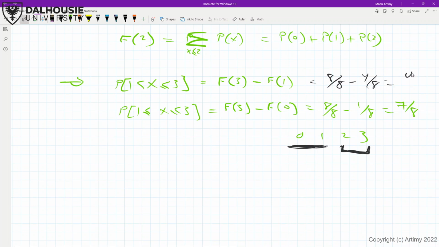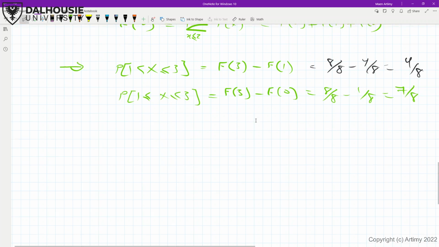So I get 4 over 8. Okay. So you're just putting all the values and trying to be careful about the greater than or equal and less than or equal or less than. So be careful about these things.